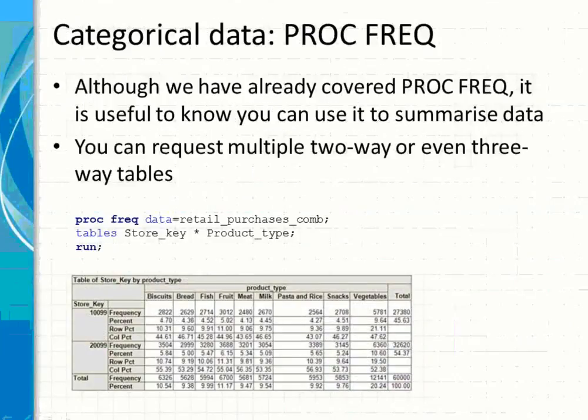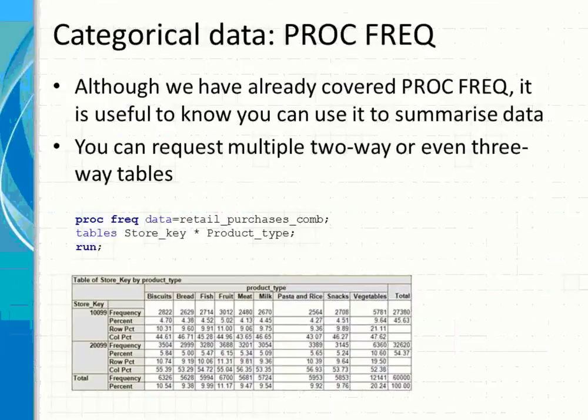Okay. Now, in terms of categorical data, proc freq really is a very handy procedure. It's basically also very used if you want to understand two-way or three-way interactions, because, and this is something we haven't covered so far, proc freq also allows you to cross-tabulate your data in a two-way or even three-way manner.